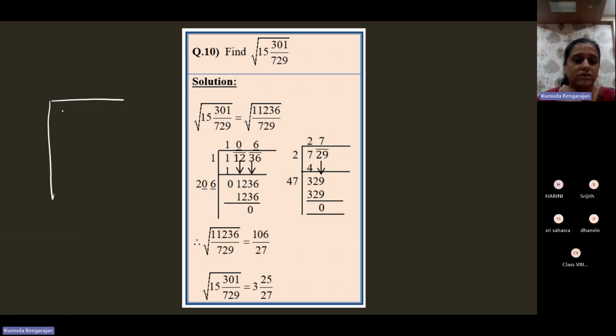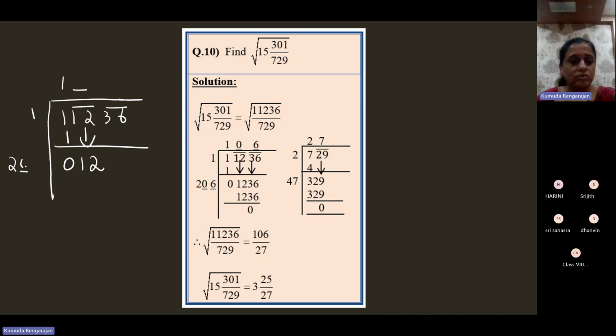If you are not listening carefully, I'll repeat. 1 one is 1, 0 is the remainder. 12 comes down, double the quotient. Whatever digit you place here, you must place the same thing here. 20 into 0 is 0, but don't write that, because if you put a 0 you will get the same 12 down.